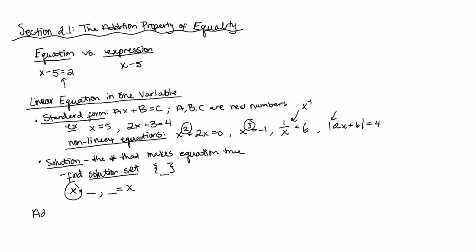All right, and one last definition before we can take a look at some examples. The addition property of equality. So this is what this entire section's about. And this is the first property we need in order to start solving equations. And so what the addition property of equality says is that if we have a true statement, A equals B, that means that if A is 4, B also has to be 4.